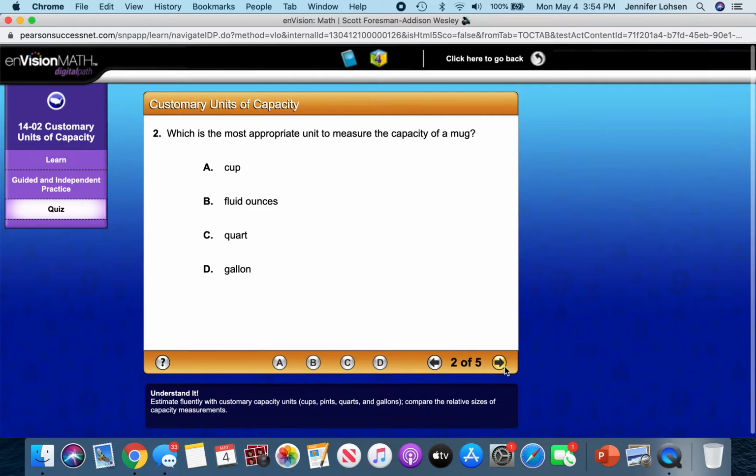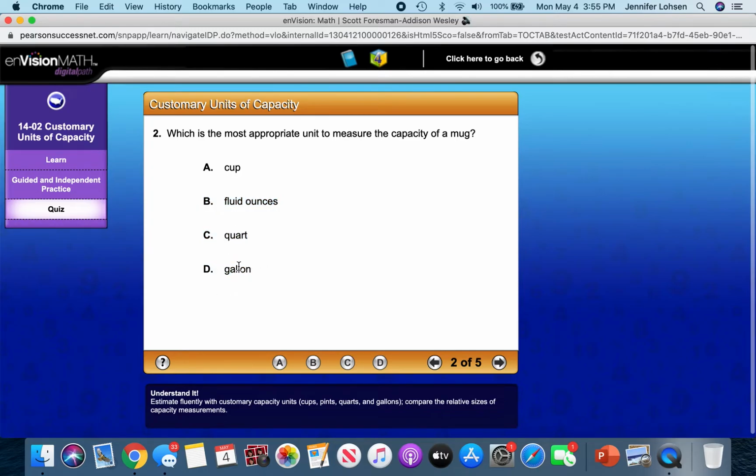Remember, we want to know what the capacity, that space that's within that cup, is measured in. So we would want to use a unit that is even smaller than that mug, smaller than that cup, to get the most appropriate and accurate measurement. So that being said, would we use cups, fluid ounces, quarts, or gallons?